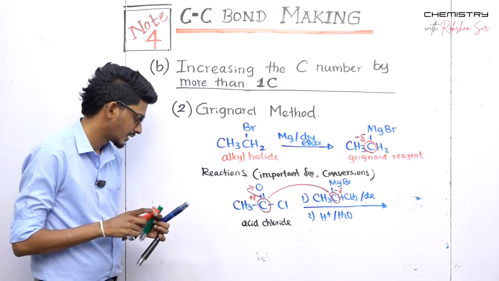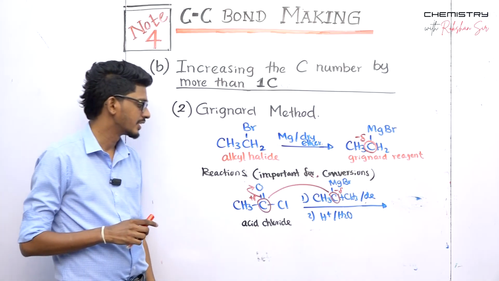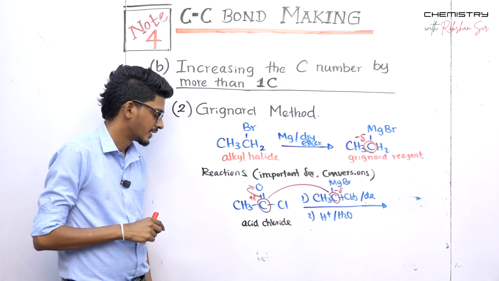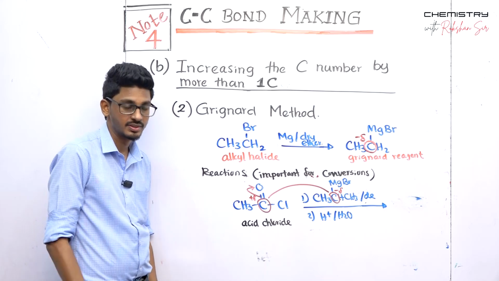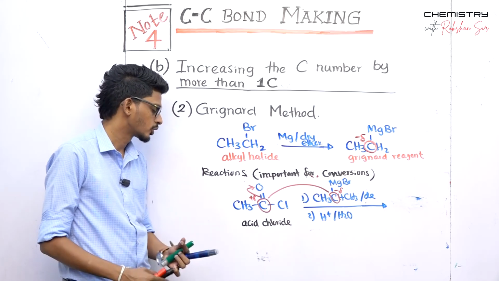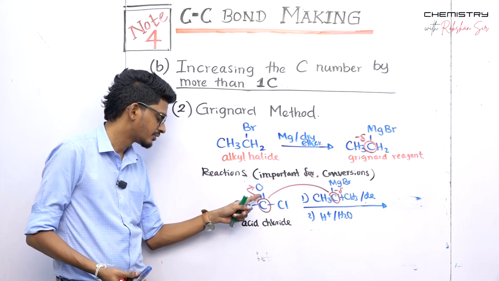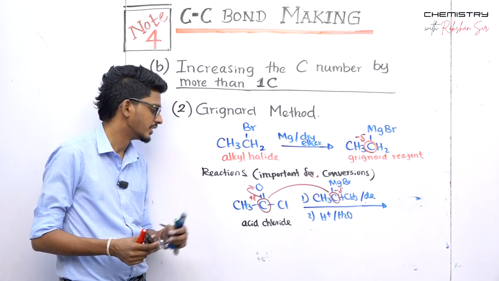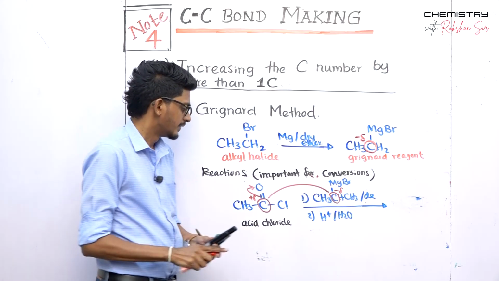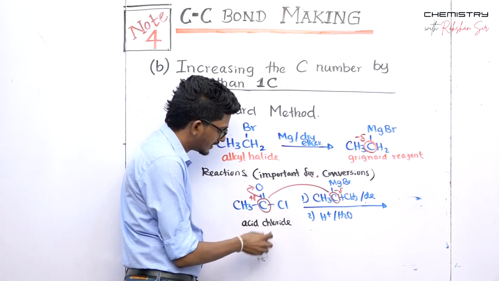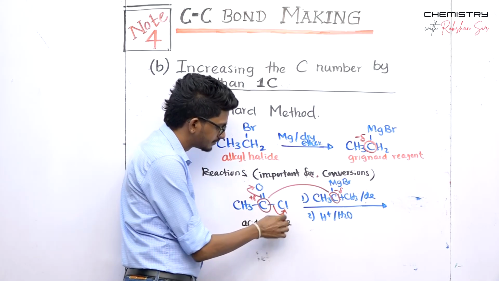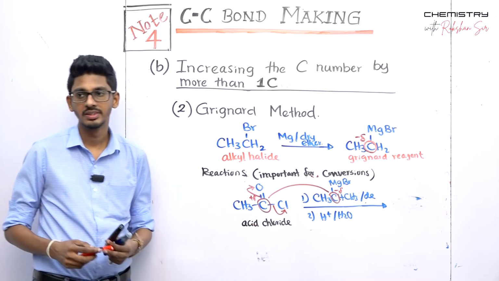But in acid chlorides, something special happens. Not only is this pi bond with the oxygen released, but this chlorine will also leave.